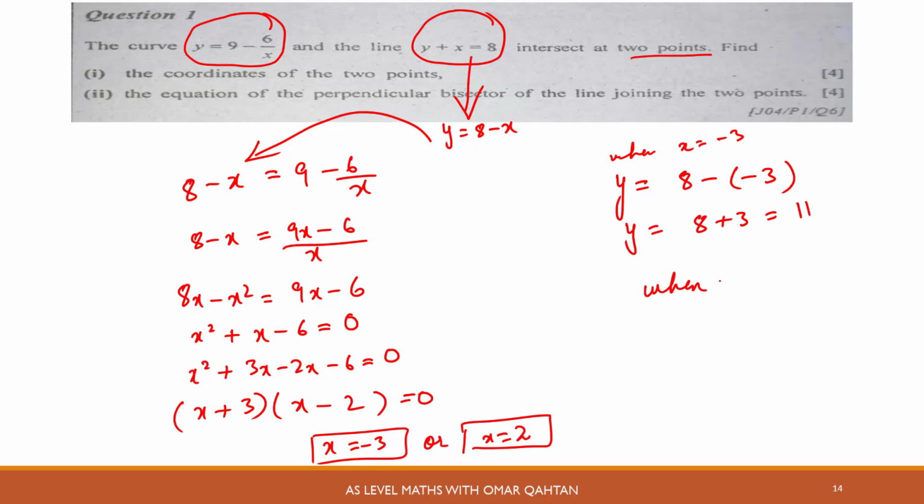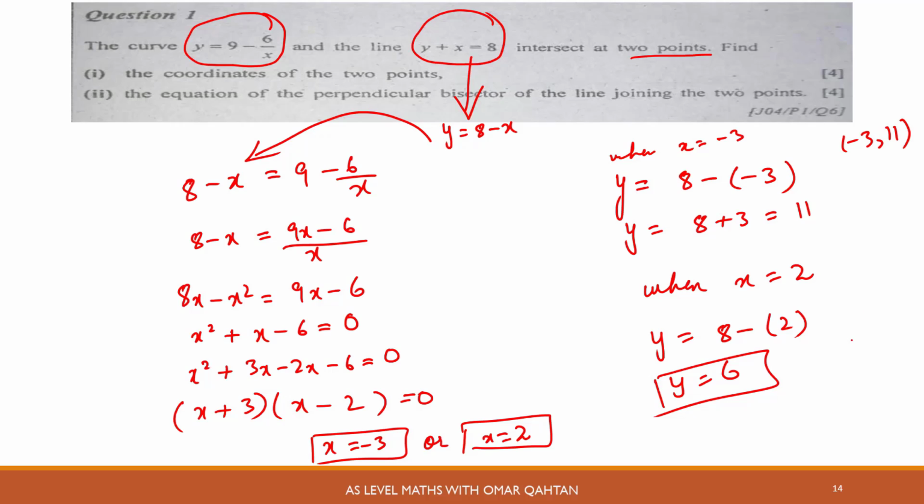Alright, so when x is equal to 2, y is equal to 8 minus 2, y is equal to 6. So we can write these coordinates like this: minus 3 comma 11 and 2 comma 6. So these are the x and y values when this line and the curve intersect with each other, so they would definitely be meeting at those points.